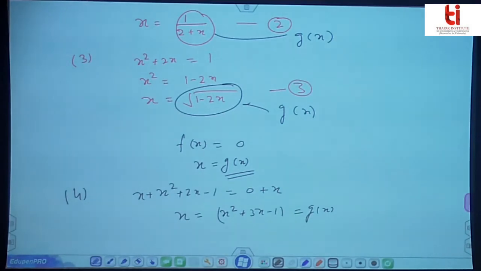And in what thing are we interested? We are interested in the fixed point of the function g(x). Why? Let me explain it. I told you here that we can write f(x) = 0 as g(x) = x - f(x).